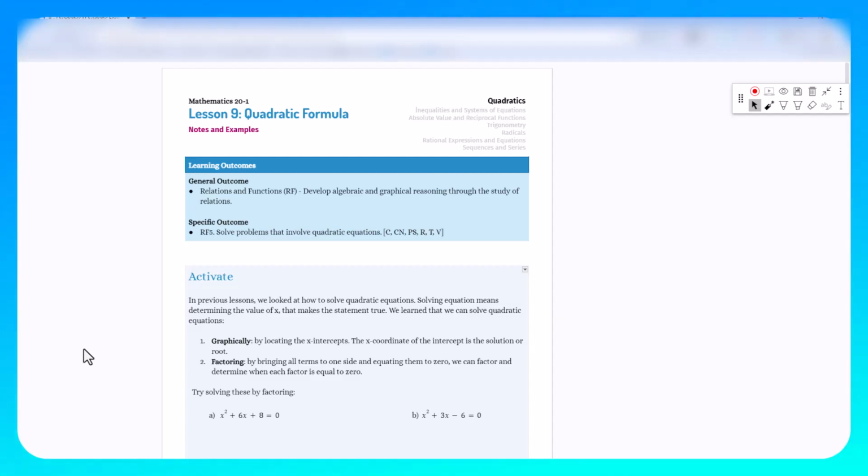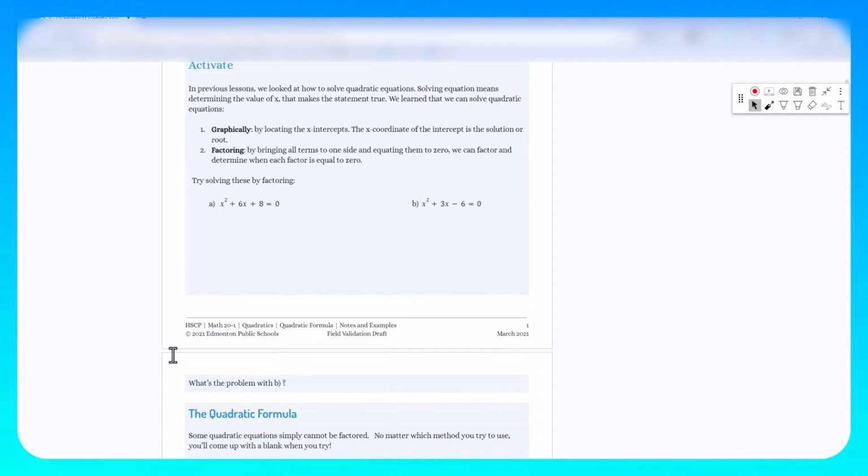So let's start by trying to solve each of these by factoring. So we learned that when we are doing these equations, we can use any method of factoring that works for us. So we're going to look for two numbers, m and n, that multiply together to make 8, and m plus n that add to make 6.